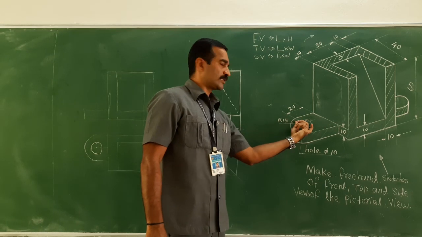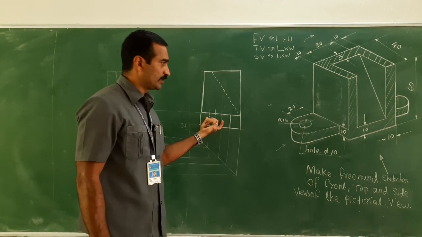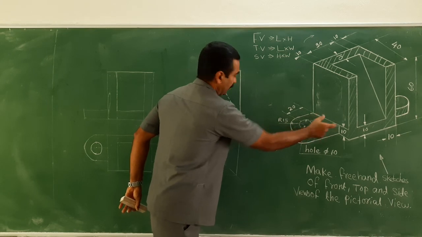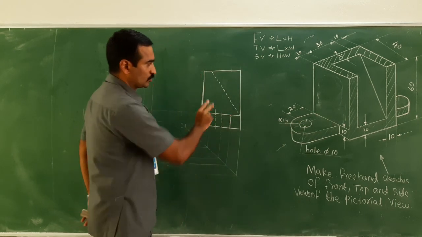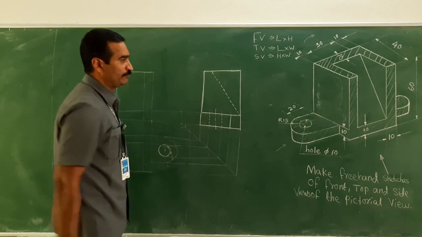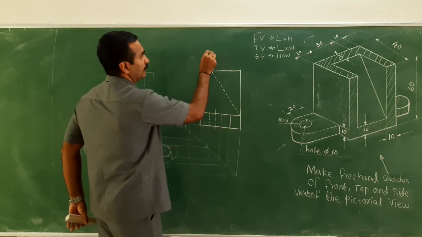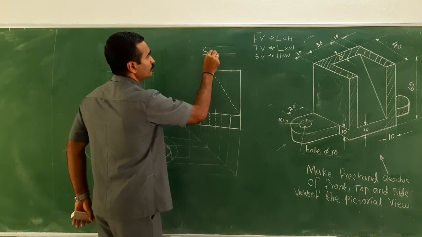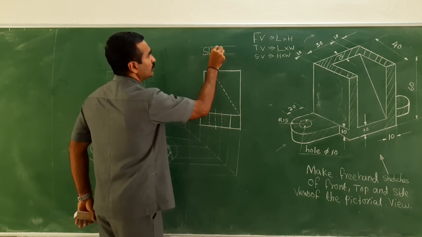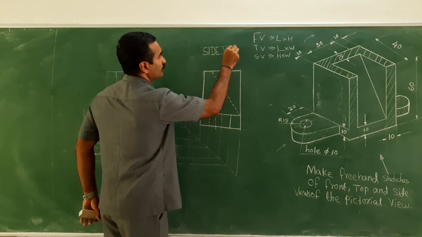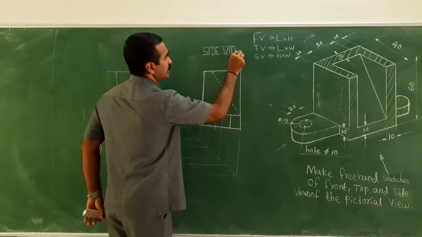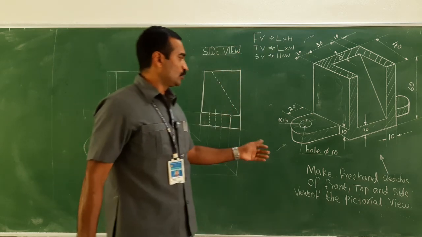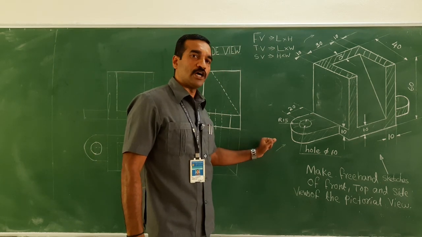This particular circle would be invisible, which I captured here, and this semicircle ends up to 30 only. So I have drawn a line. So I have finished the side view, right? This is the left side view. So the side view of this particular object. If you want, you can just write this as left side view, because it has been viewed from the left side of this object.